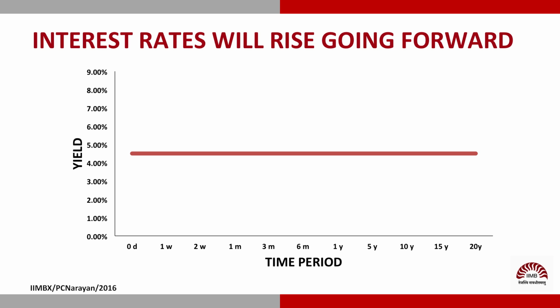Here's an example. Assume that the general expectation is interest rates will rise going forward. If you are a saver or an investor, you will invest in the short-term securities, since you would like to invest in the longer-term securities when the yields or the interest rates go up.